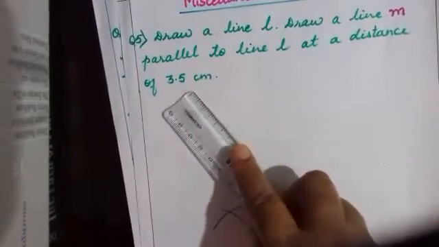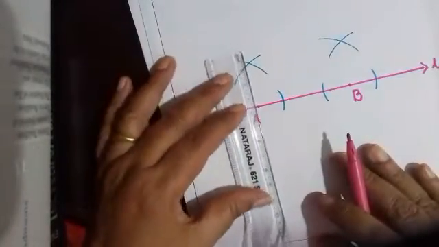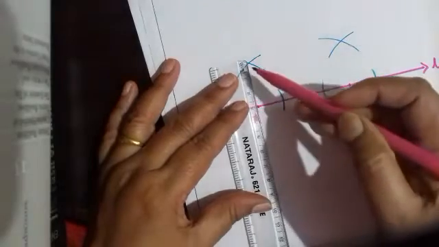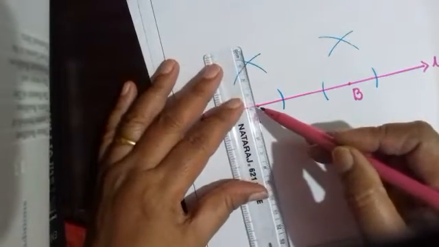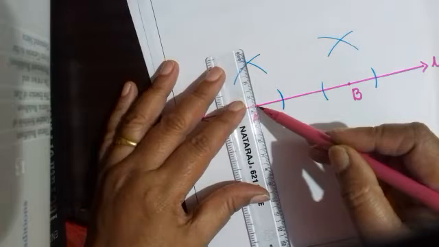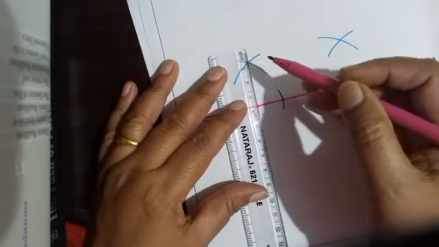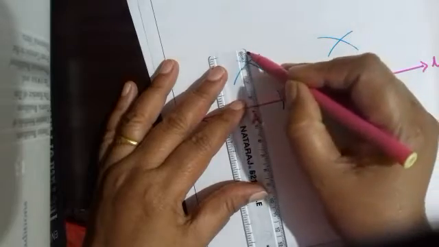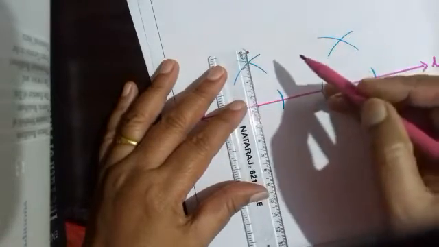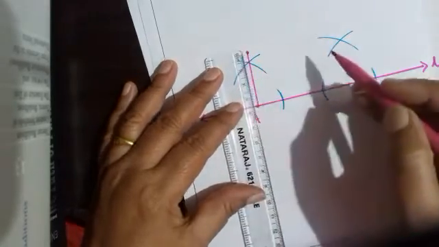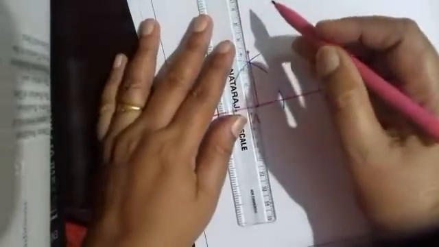Now what we have to take? We have to take a distance of 3.5 centimeter from A. Okay children, so take a distance of 3.5 centimeter, means from 0 to 3.5. Where will we take it? Here on this point A, up to 0 you have to take. So put a point over there and join it in this way, and extend this line.